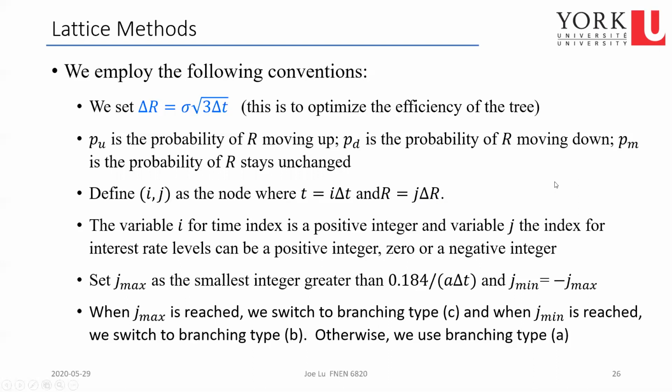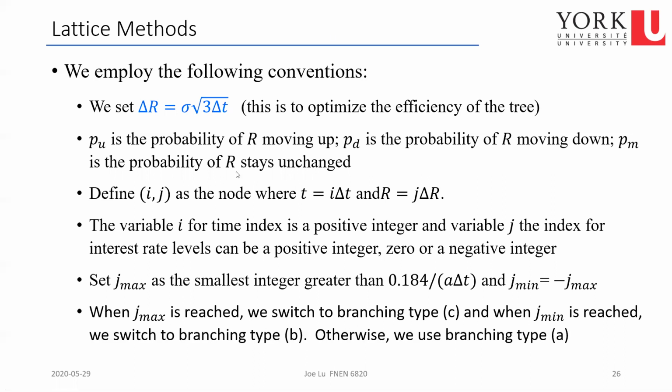So a particular value of r is always j steps of delta R. You start at 0. If you have 5 steps up, then j is equal to 5 and the rate is 5 times delta R. So 1 times delta R, 2 times delta R, 3, 4, 5, and so on.